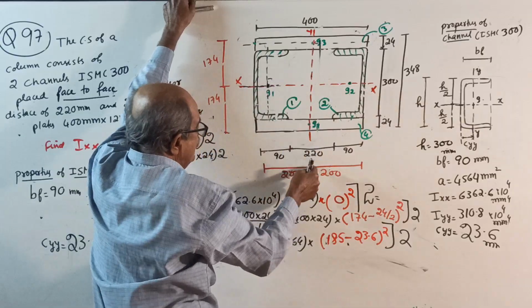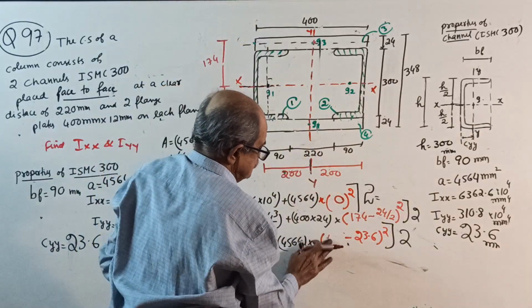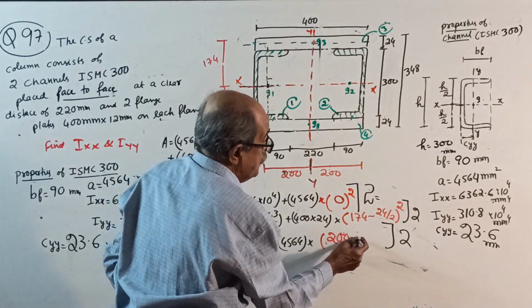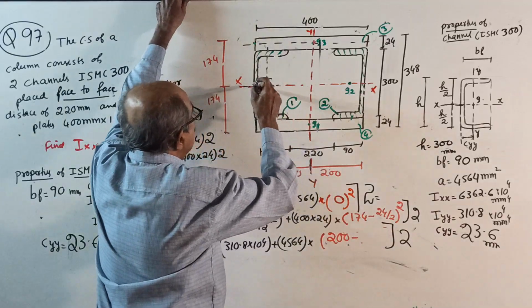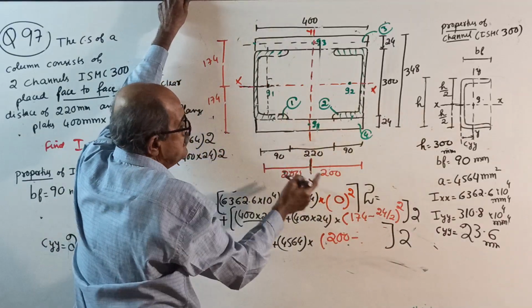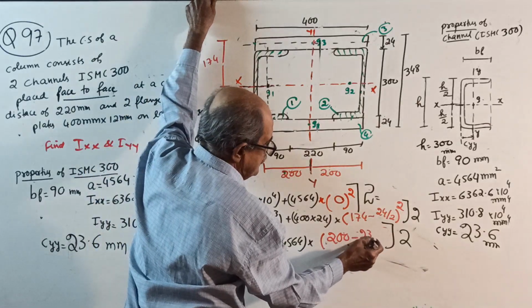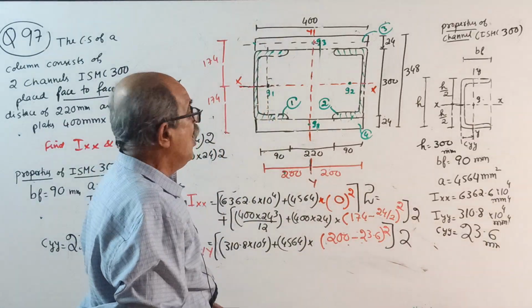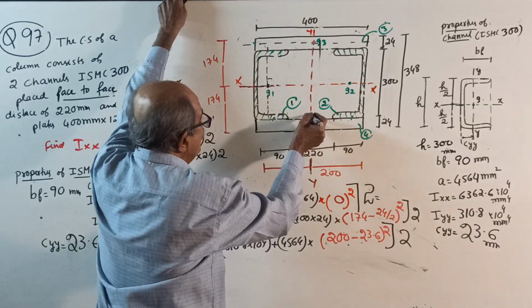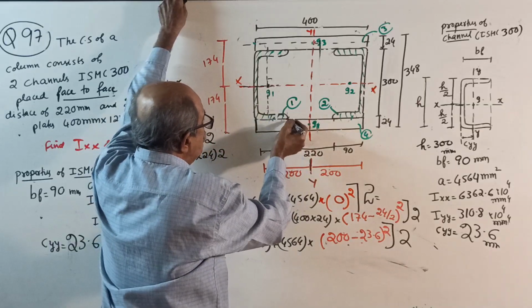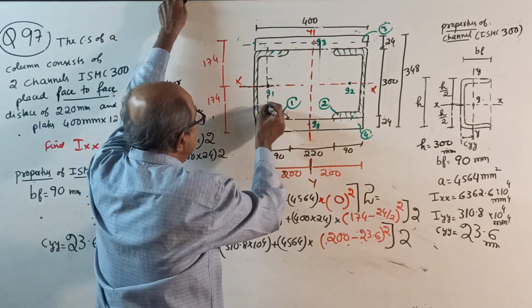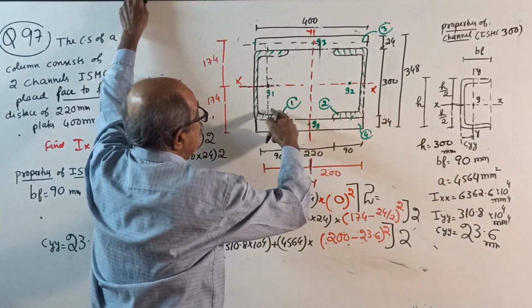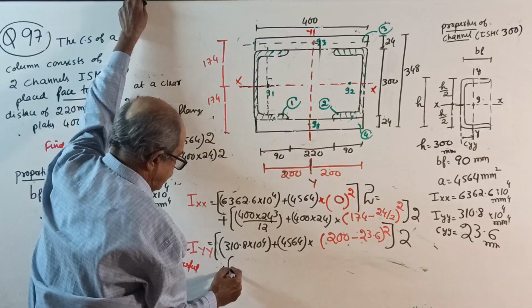That distance is 200 minus 23.6, squared, into 2. Or you can do 220 by 2 plus 90 minus 23.6 whole square. That is for the 2 channels.